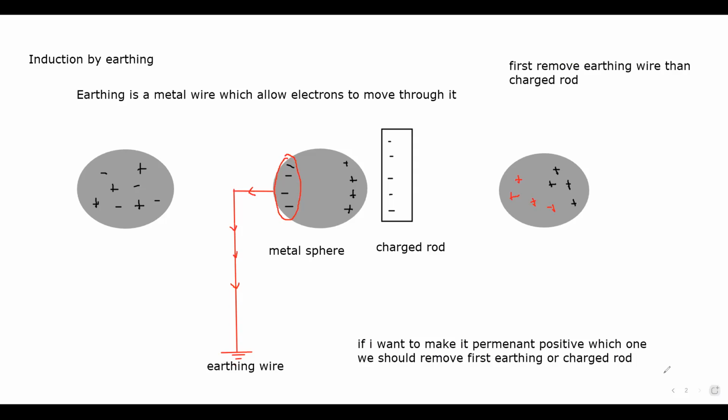In the same way, for example, you have a metal sphere which has a uniform distribution of the charges. What is the mistake in this metal sphere?